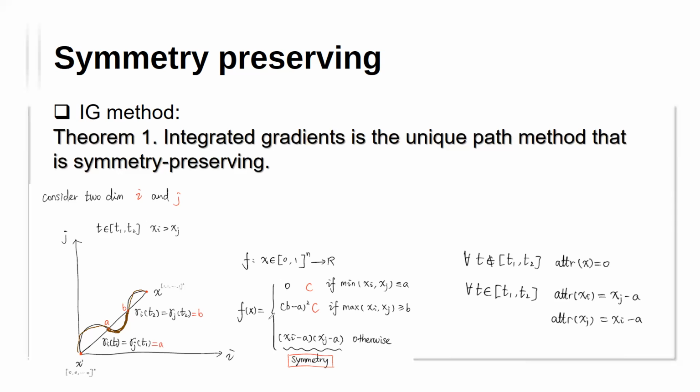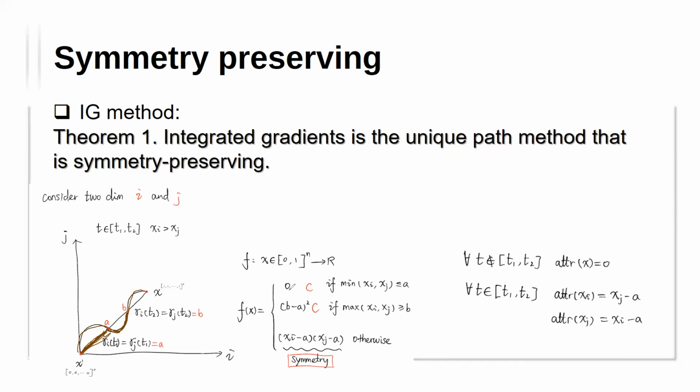Here the function f is defined as: if the minimum of xi and xj is less than a, that means xi and xj appear on the interval from 0 to a, and the function f equals 0, which is a constant.